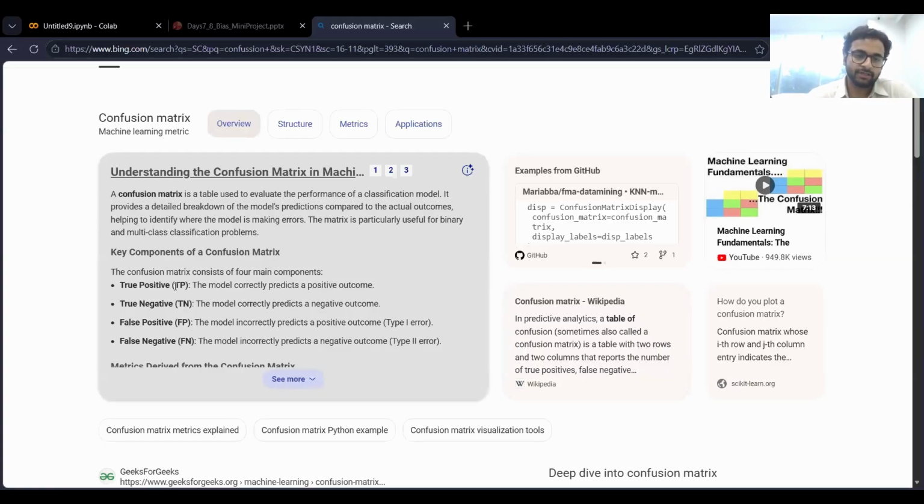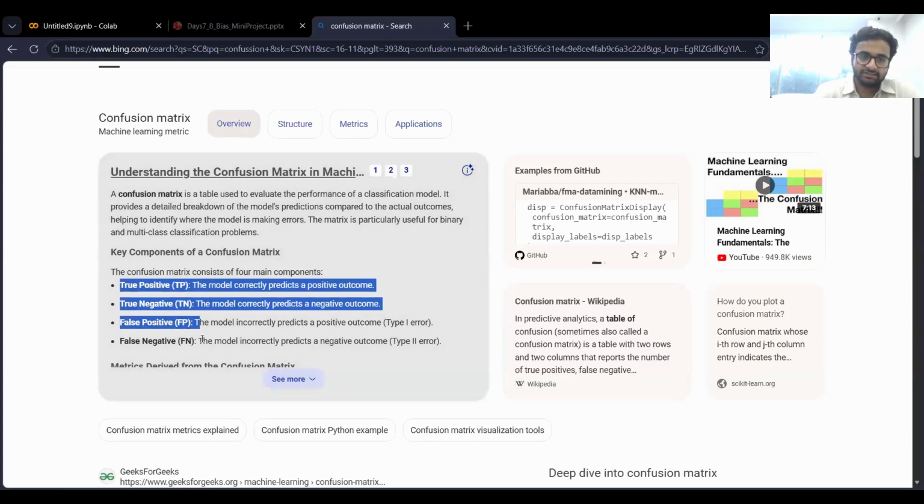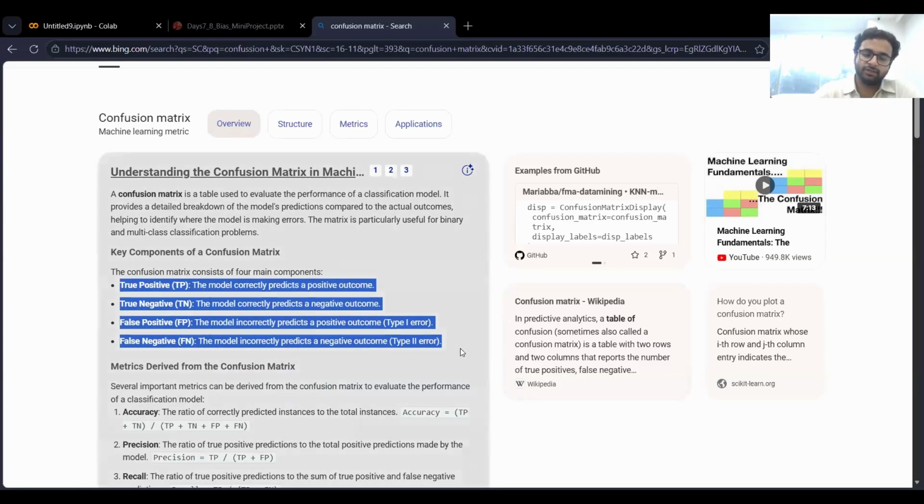So these four values are calculated from the testing inputs, and then the metrics that we were discussing, the F1 score, the recall, are based on these particular values. If you understand what these values are, only then can you calculate the accuracy, specificity, the recall value or the F1 score.